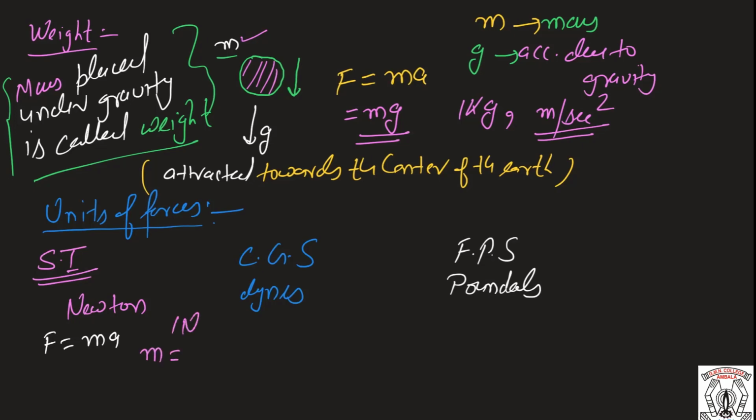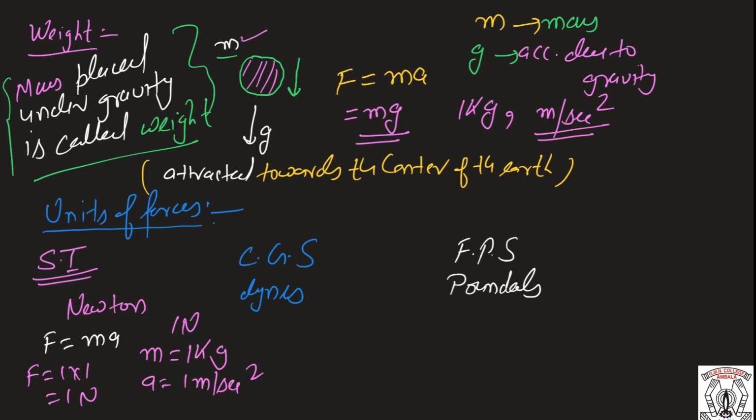When mass is 1 kilogram in SI unit and acceleration is 1 meter per second square, this force will be 1 into 1 equals 1 Newton. So, you will simply define it as: a force is said to be 1 Newton if it is able to produce an acceleration of 1 meter per second square in a body of 1 kilogram. Simple, isn't it?